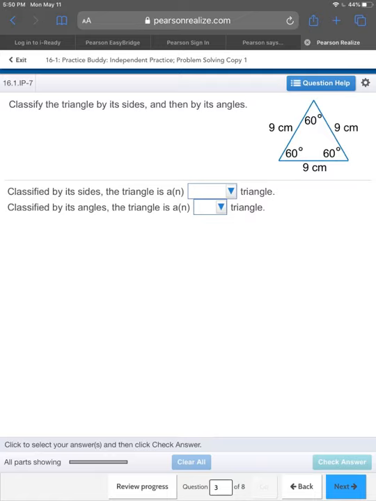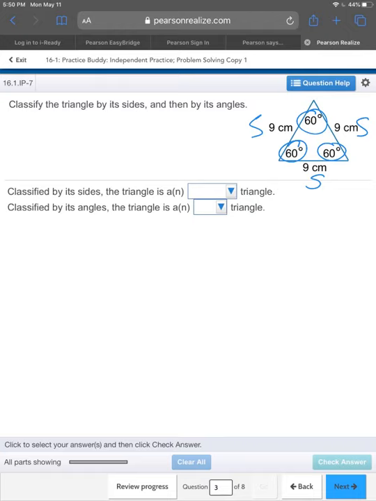Question number 3, same thing. Focus on these. Look, all of my angles are less than 90 and all of my sides are the same. So think about that as you're working through it. Remember, go ahead and refer to the triangle overview video, that will help you work yourself through this problem.